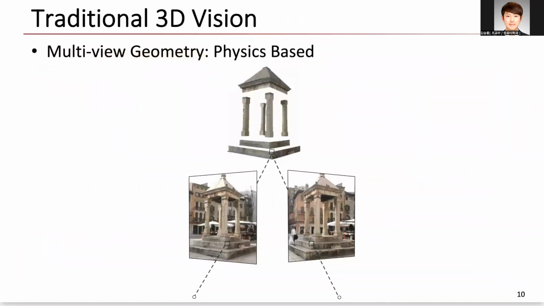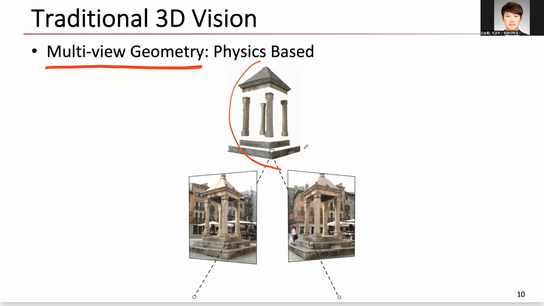Before starting, let's discuss traditional 3D computer vision and modern 3D computer vision. Traditionally, 3D computer vision was based on physics, on multi-view geometry. What does it mean?